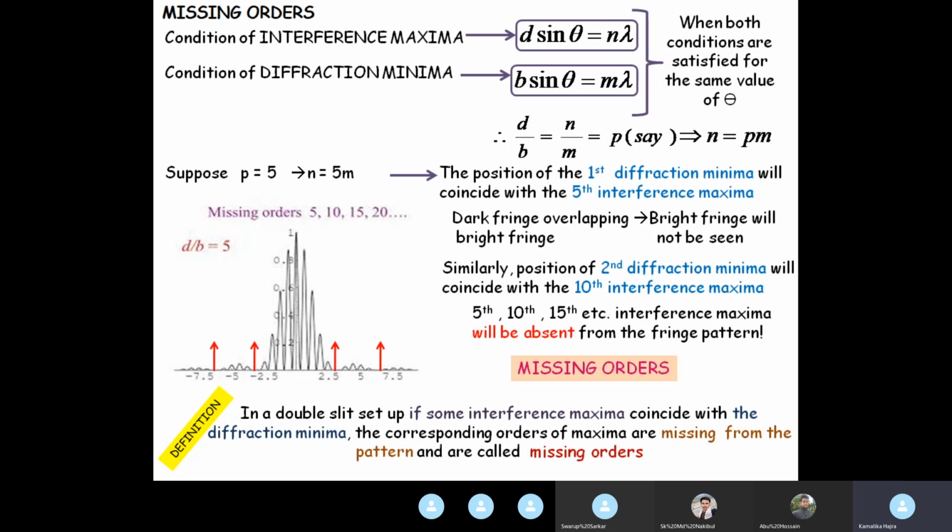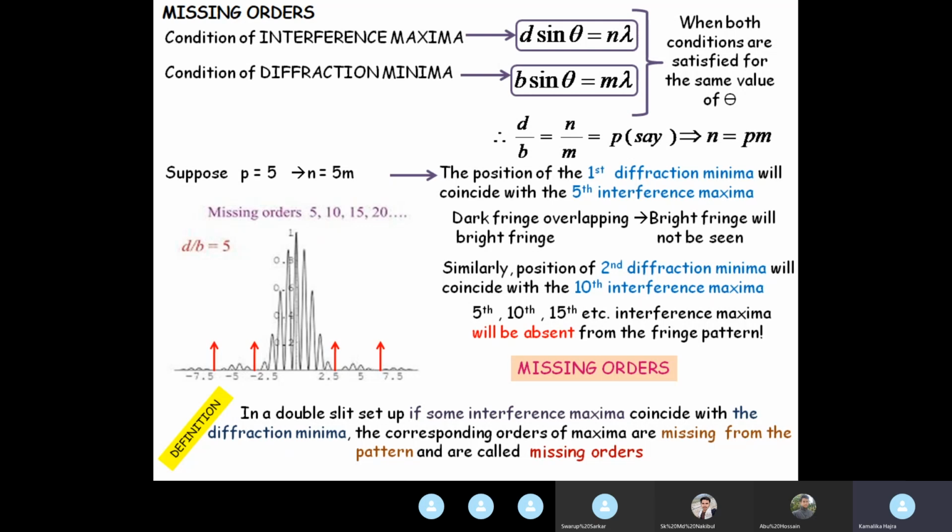So this is a very, very common mistake that I've seen, that the students tend to take the ratio as A by B. And the problem is invariably given with not d and b, but with a and b. You have to realize that d is equal to a plus b, and the opaque space is a.